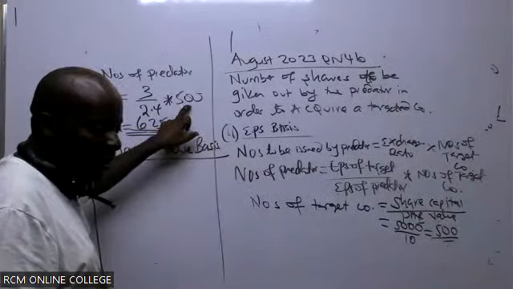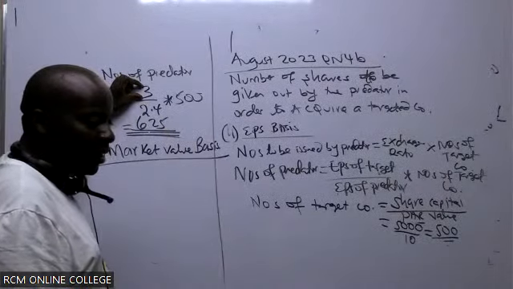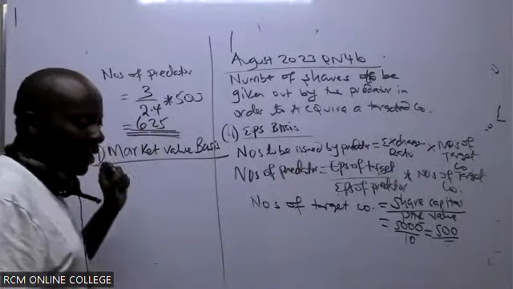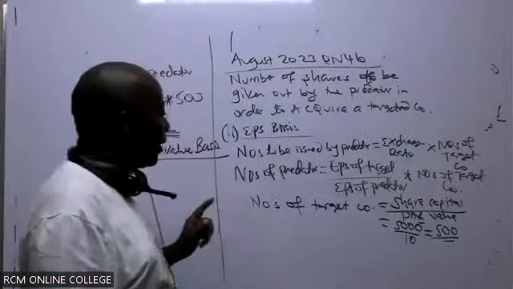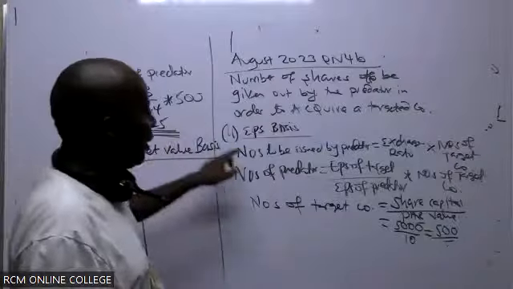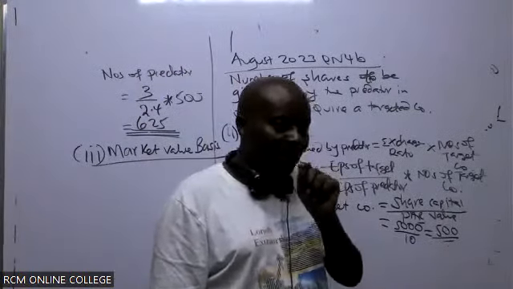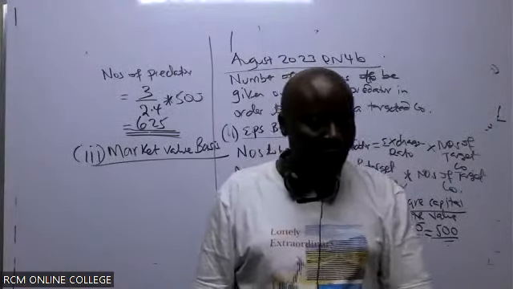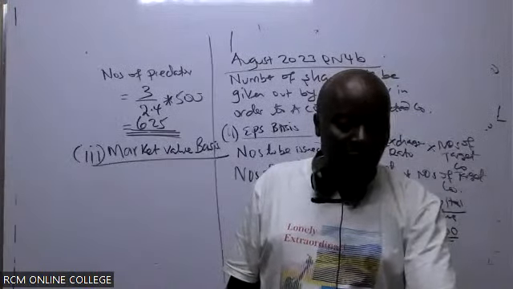Nancy, thank you for asking that question. I don't know whether you're able to see how we got these 3. If you have this 3 and this 2.4 times 500, you get this 625. In this case, this is the EPS of the target company, and Bero is the target company. If you look at the additional information, there is the second table, where you'll see the current earnings per share.